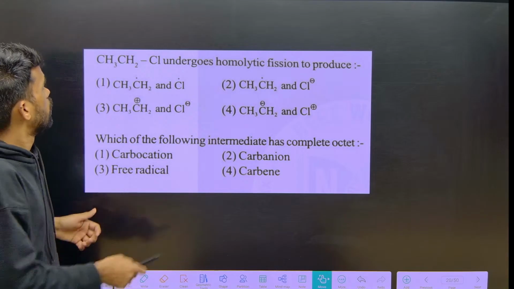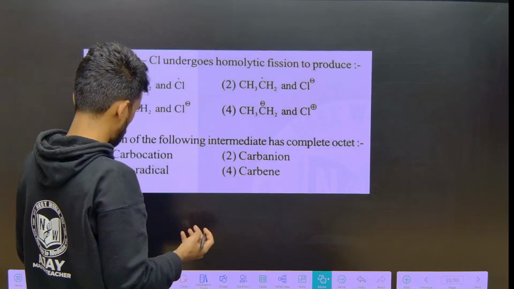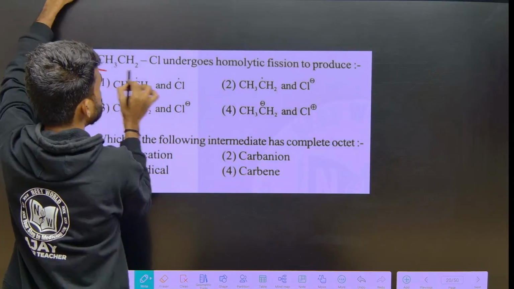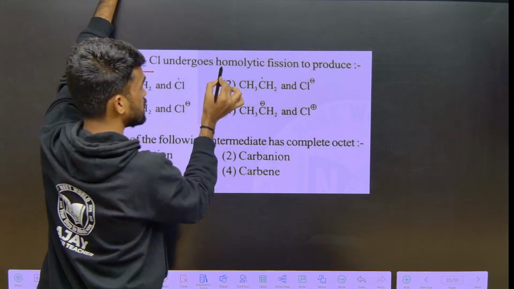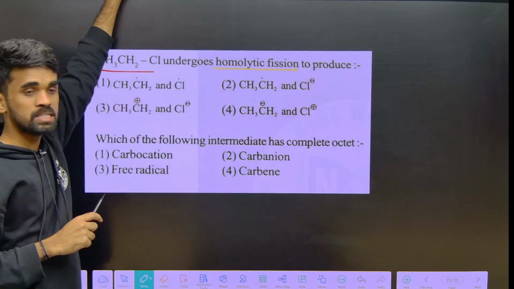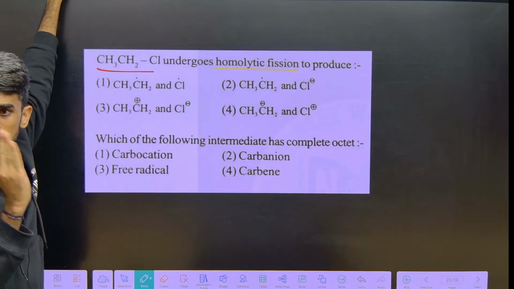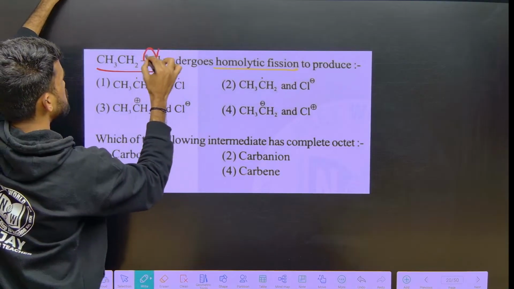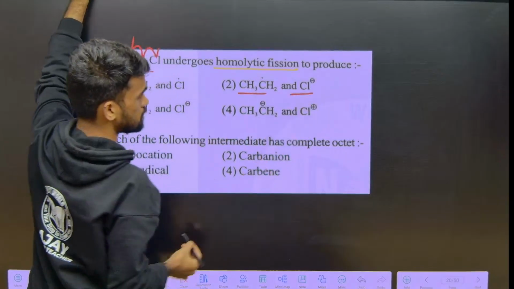First one, undergoes homolytic. They are saying the condition is mentioned, homolytic cleavage. It means you should break the bond equally. So break it like this.